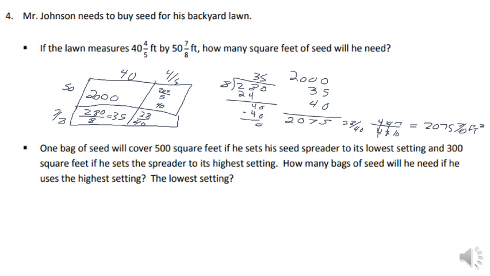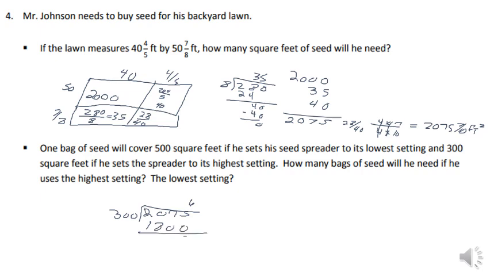Well, it said here the highest setting will give him 300 square feet. So if we do 2,075 and we're going to divide that by 300, well, we can see this. Let's just go with 6.